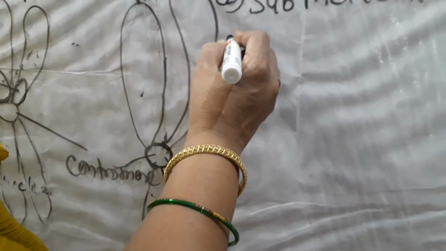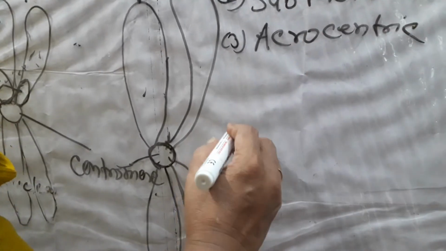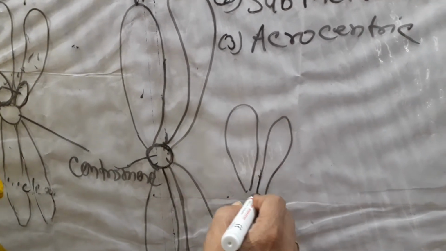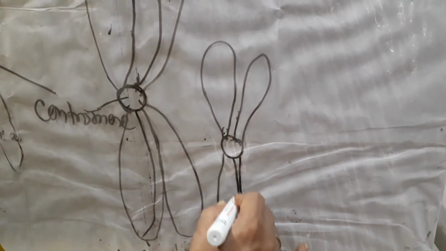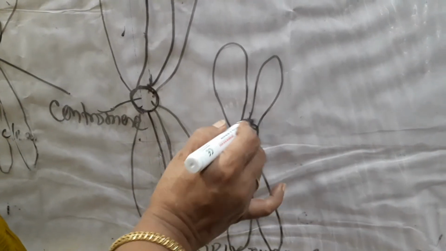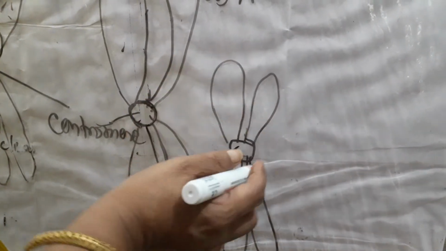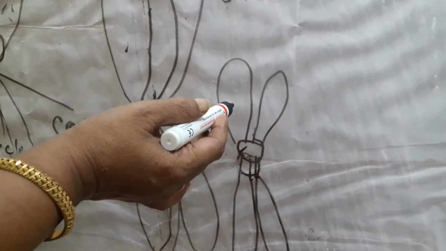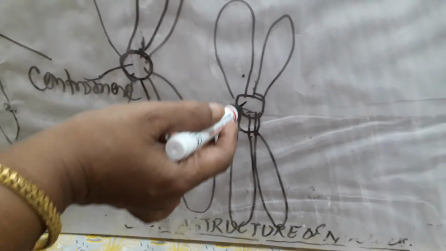Third is acrocentric, in which the centromere is situated close to its end, forming one extremely short and one very long arm.